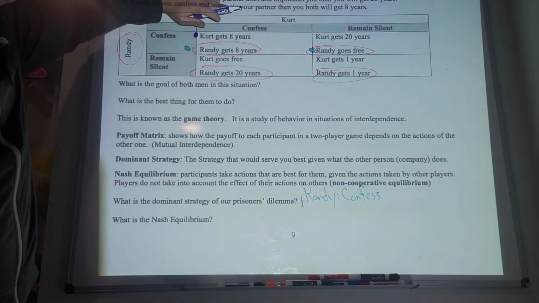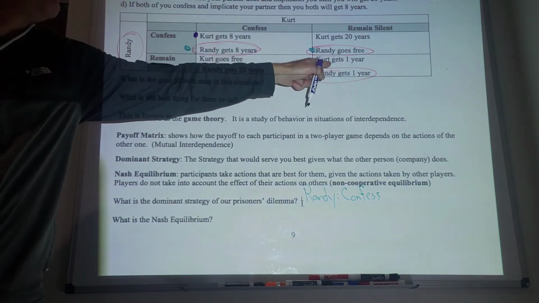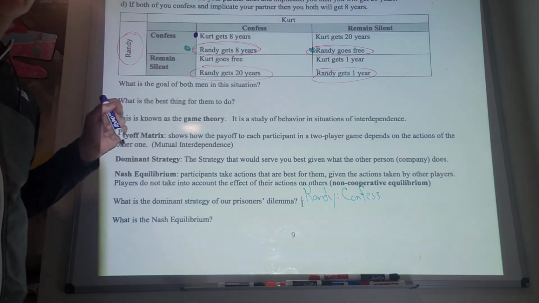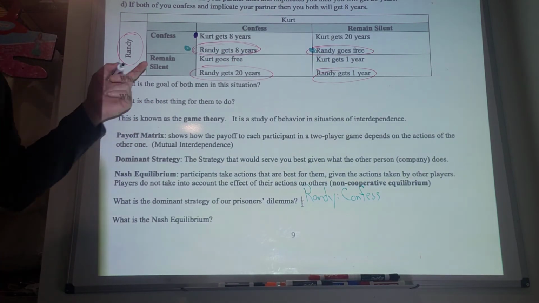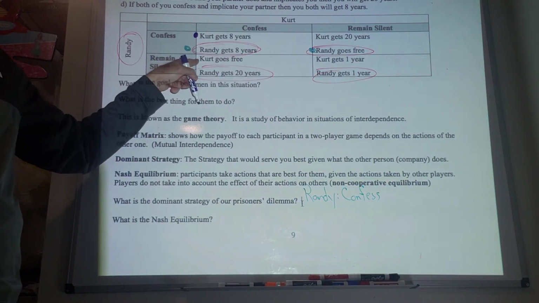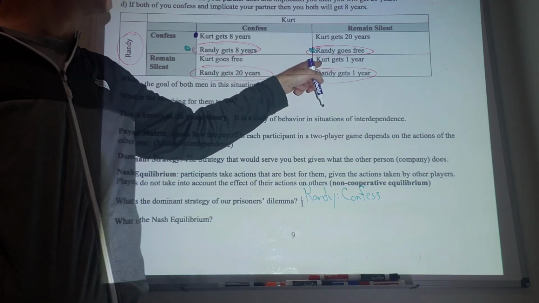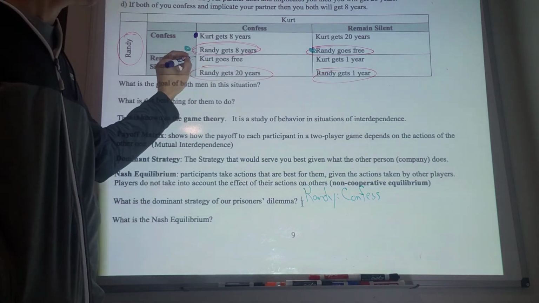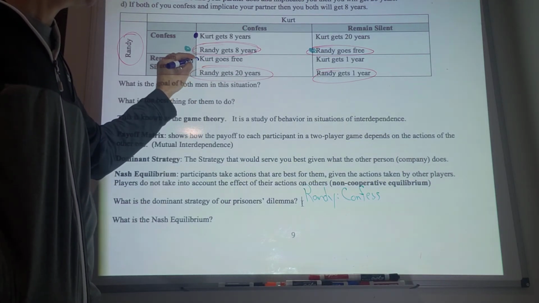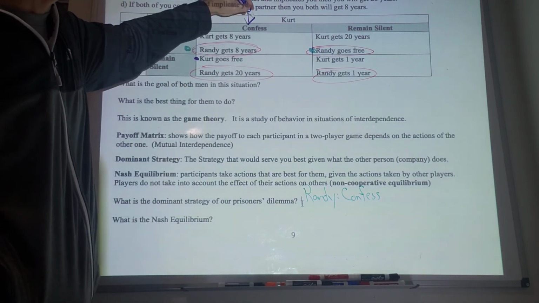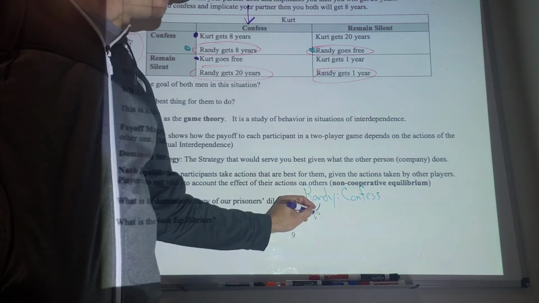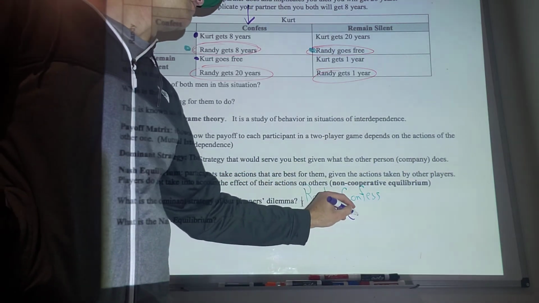The other possibility is Kurt remaining silent, which is the bottom row here. If Randy remains silent and Kurt confesses, he goes free. If Kurt also remains silent, he gets 1 year. So it's better for him to confess. So Kurt's dominant strategy in this example is also to confess.